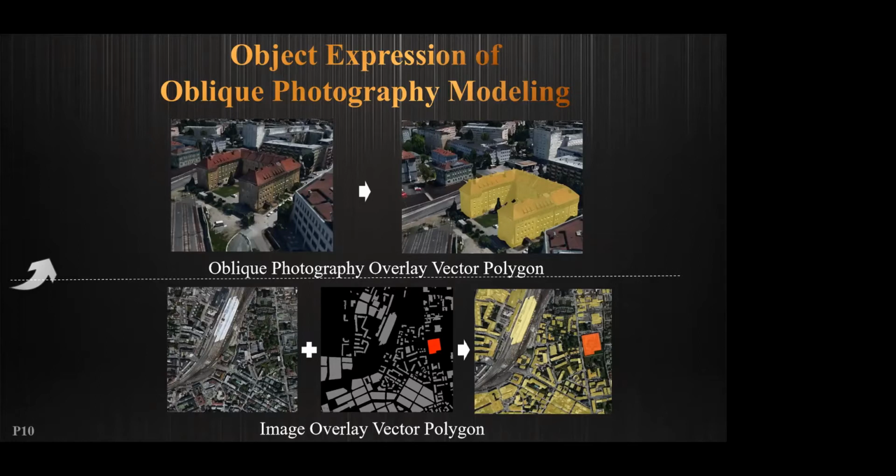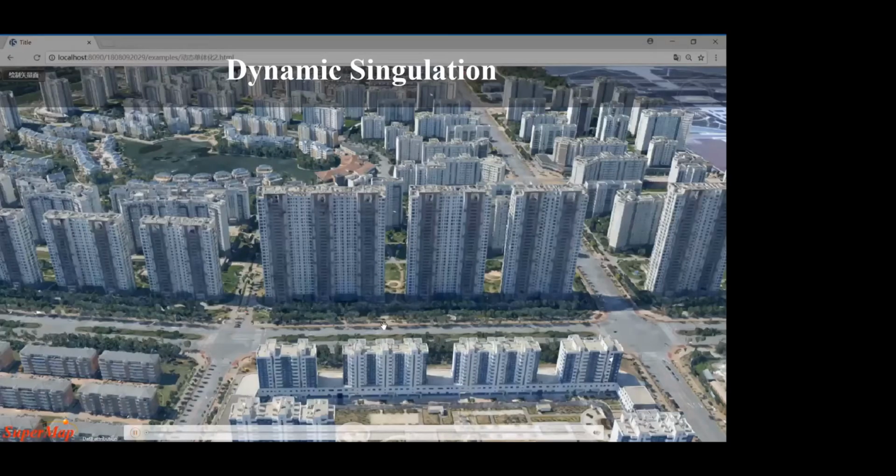Here you can see the way we can do it: we overlay vector polygons with the oblique photography, and we store all of the attributes for the objects in the vector polygon. Then every time the user chooses an object in the oblique photography, we can get the attributes from the vector in order to get the attributes for the model.